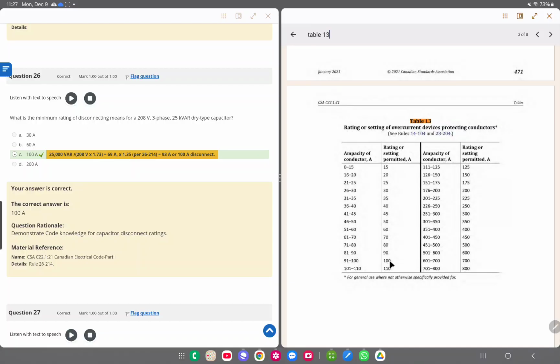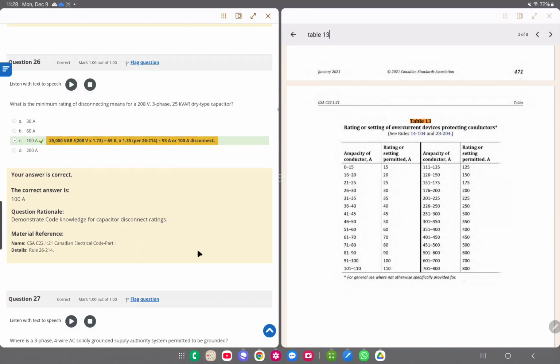So I'm pretty sure that disconnecting means only come in certain sizes. So 100 amps would be the answer. I think it's 60, 100 amp, 200 amp, and then I'm pretty sure it doubles, 400 amp. I don't know the other sizes.